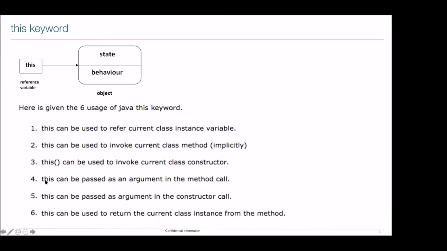When you pass this, it is going to pass whatever the current instance is at that time. And you can pass this as a constructor call also. And finally, this can be used to return the current class instance from the method, whatever instance is there at that particular time, either E1, E2, E3.